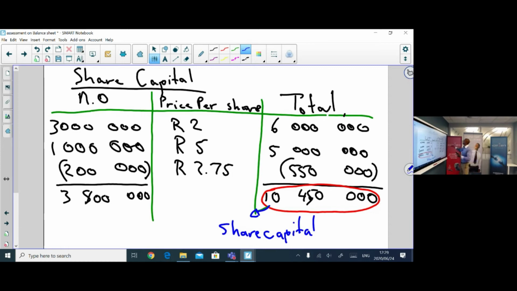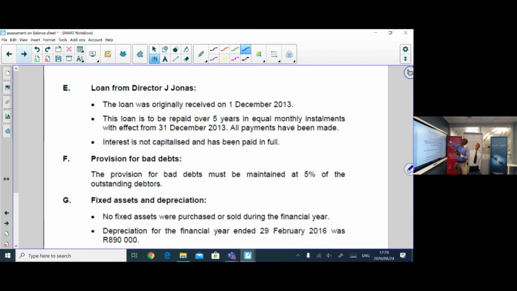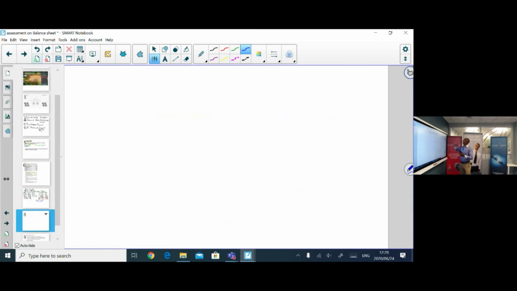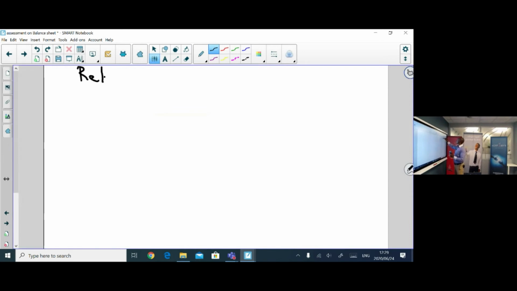Now let's do other calculations. Let's add a slide and maybe do calculations for retained earnings. Or maybe this one we can do later.